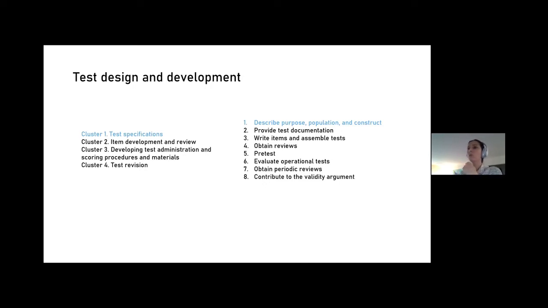The second point is about providing test documentation, which is about test specifications, but also about developing test administration, scoring procedures, and materials. It is expected here that developers should document the desired attributes of the test in a detailed specification manner. And they should document rationales for major decisions about the test and the process used to develop the test.